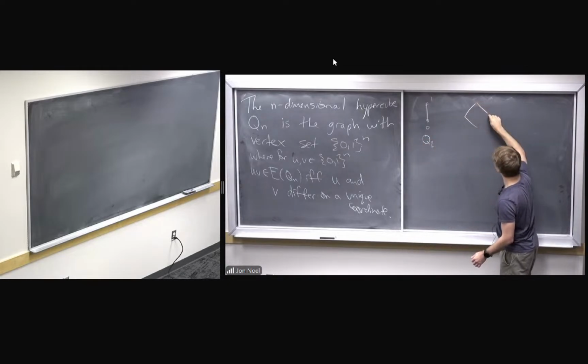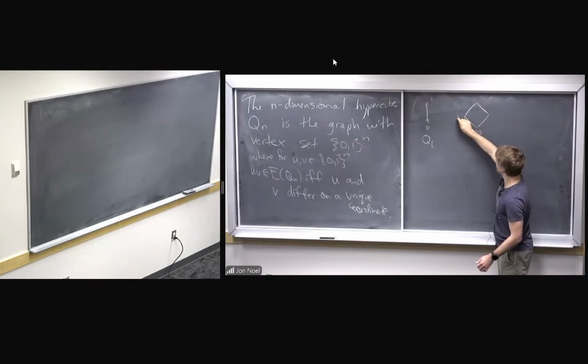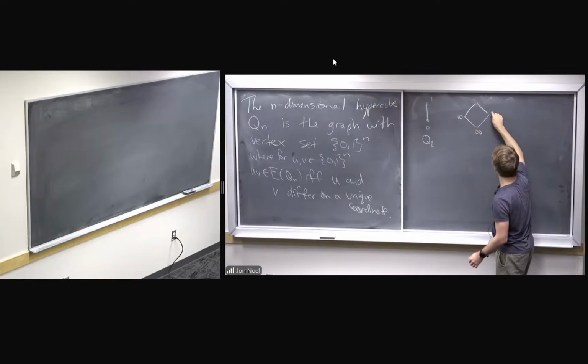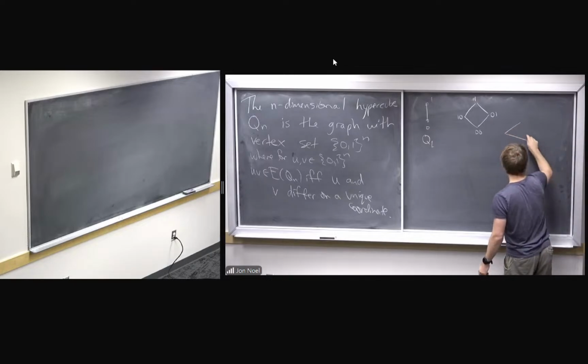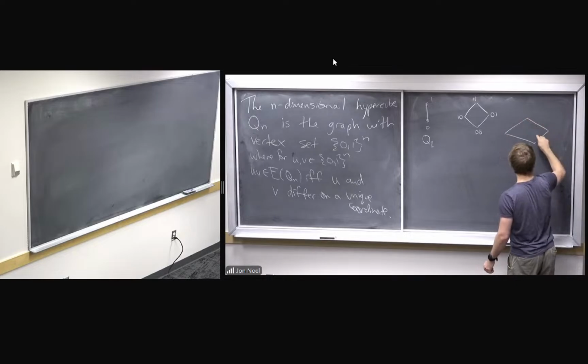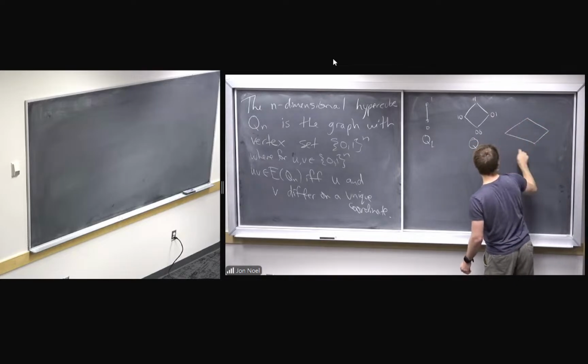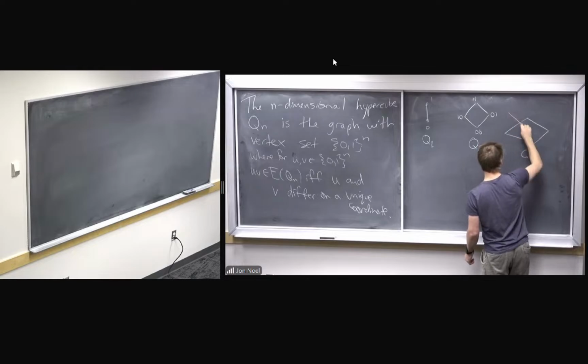So for example, you should think of these vertices as binary strings. And two strings are adjacent if they only have one difference between them, right? So yeah, this would be Q1, Q2, Q3.